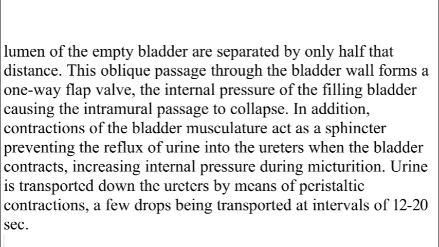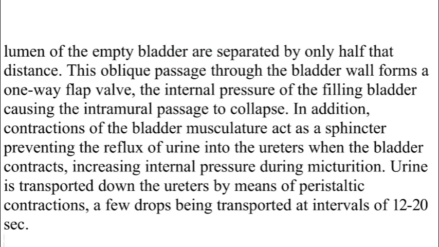This oblique passage of the ureters through the bladder forms a one-way flap valve. We like that because it makes urine flow in one direction, from the ureters into the bladder, and it cannot go the other way.